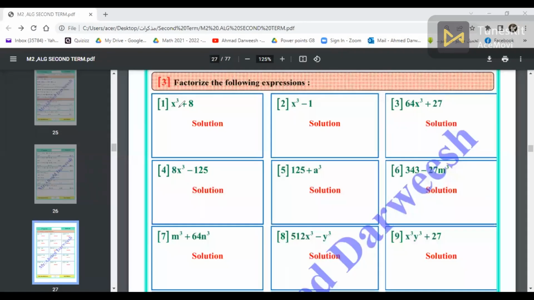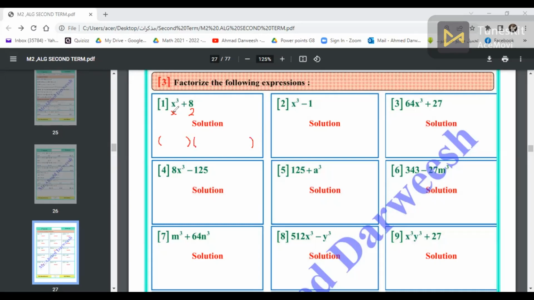As we can see here, the cubic root of x cubed is x, right? What about the second one, the cubic root of 8? Which number multiplied by itself 3 times gives 8? It's 2. 2 times 2 times 2 gives 8. So to factorize this expression, we make a small and a big parenthesis.